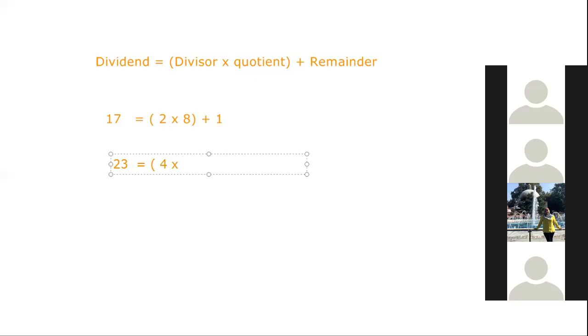Think well. 4 times what? 4 times 5. Excellent. What's 4 times 5, guys? It's 20. Then plus 3. Okay?